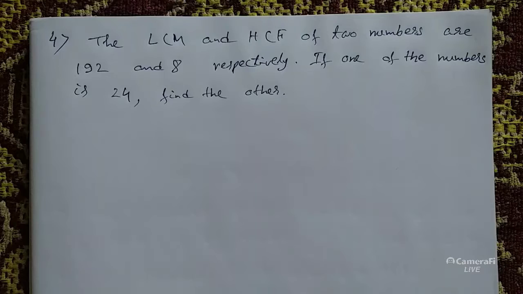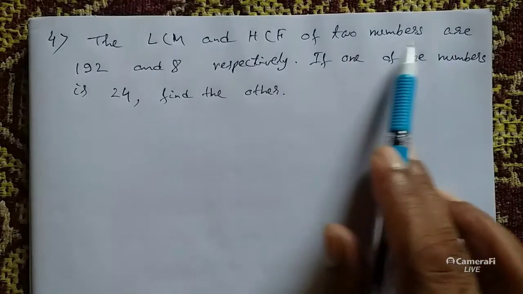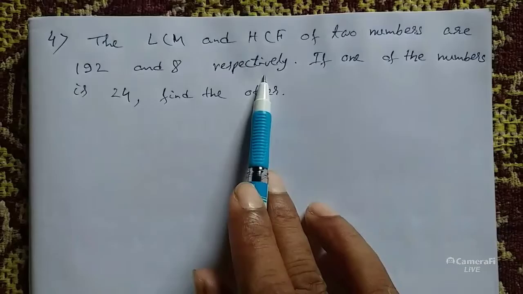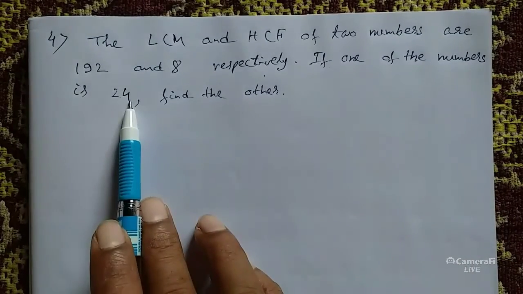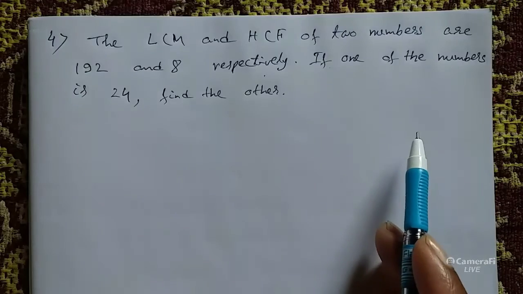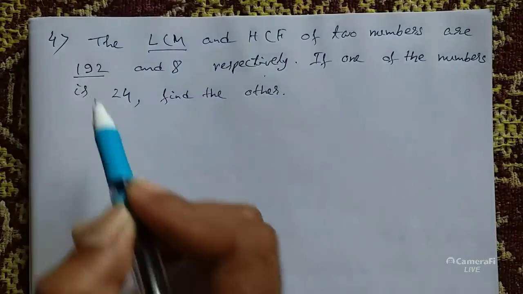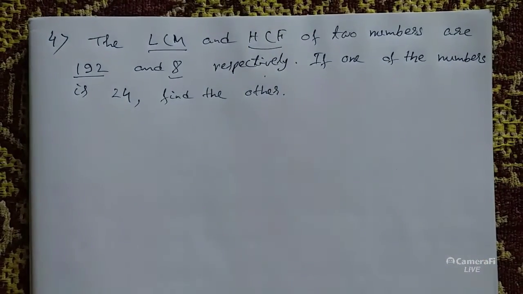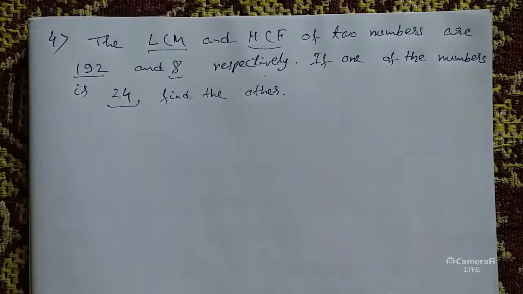Now passing to the next problem, problem number 4. The LCM and HCF of two numbers are 192 and 8 respectively. If one of the numbers is 24, find the other. So here LCM is given, 192, and HCF is given, 8, and one of the numbers is given, 24.